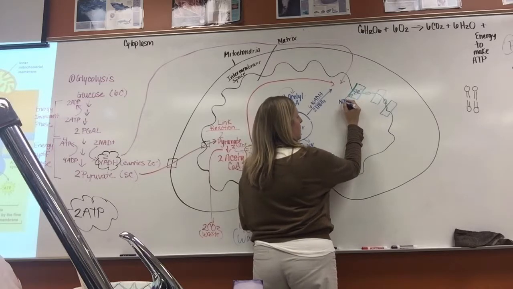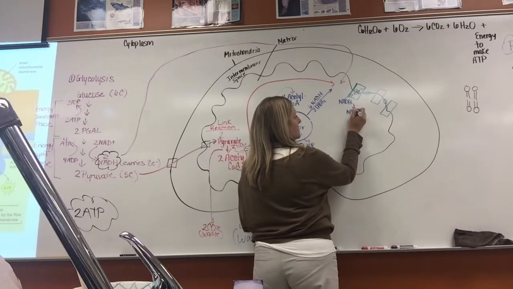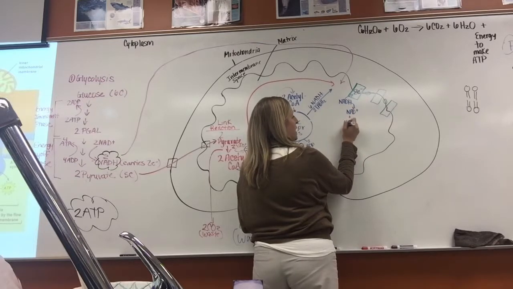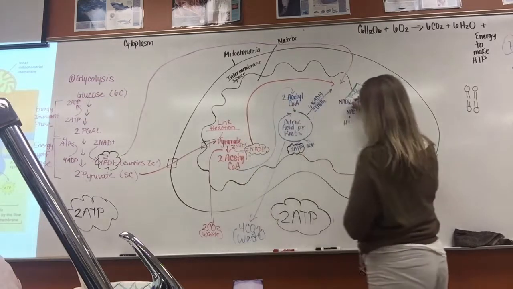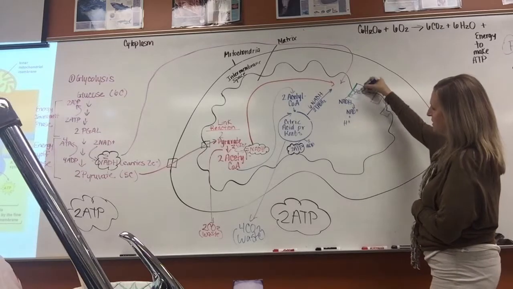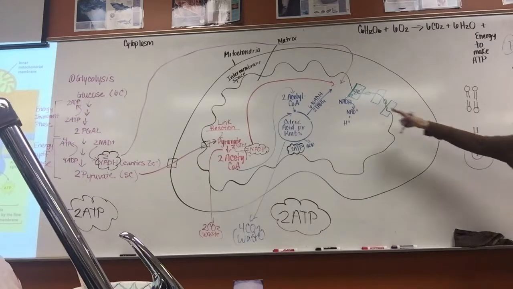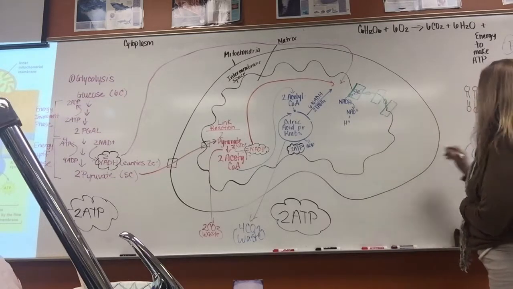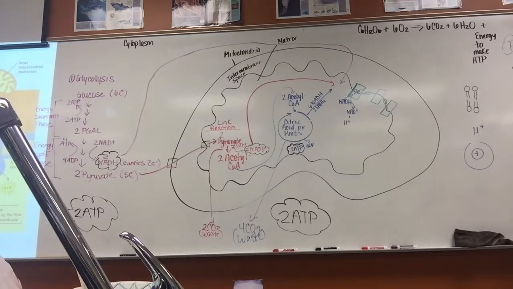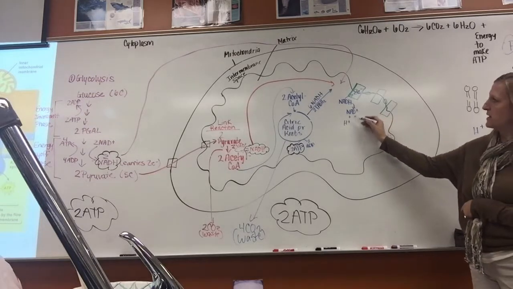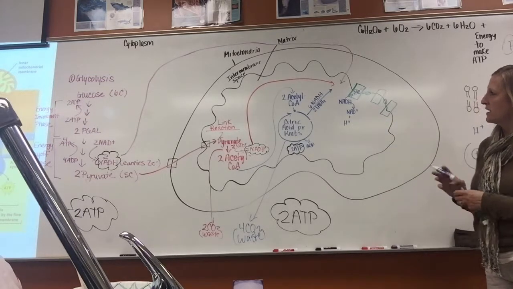It's going to now be NAD plus and an H plus, because one of the electrons here is going to go to the electron transport chain. Remember, a hydrogen atom is a proton with an electron spinning around it. So when it gives the electron to the electron transport chain, it becomes H plus, all right? And so that's why it goes back to NAD plus.